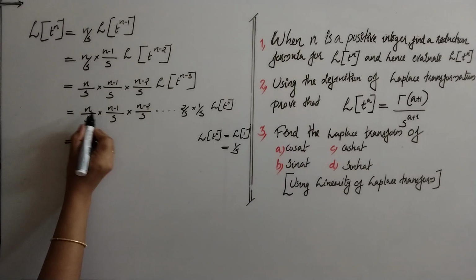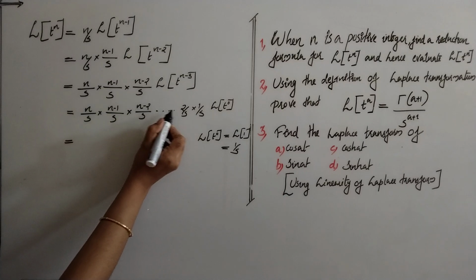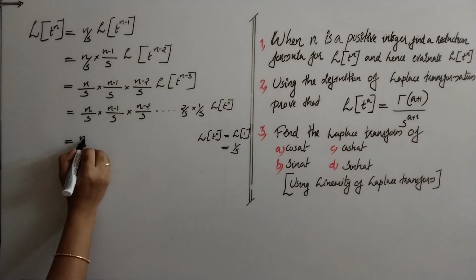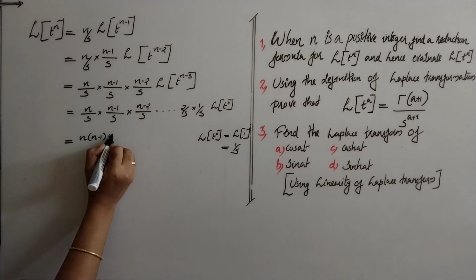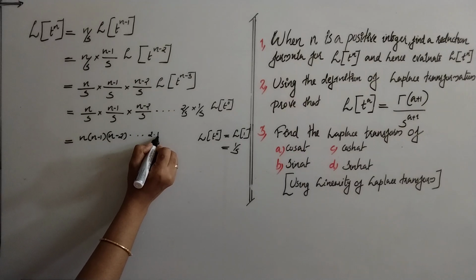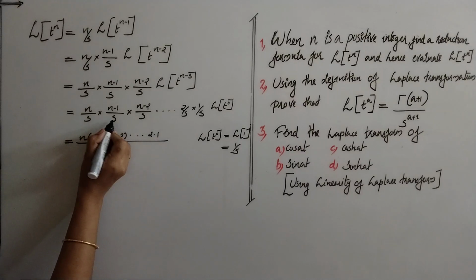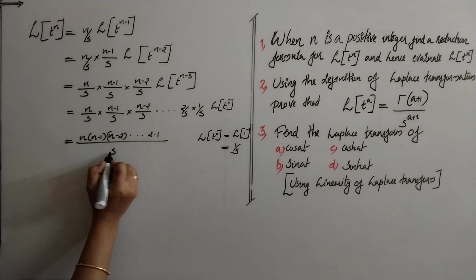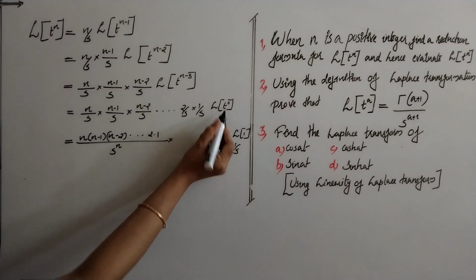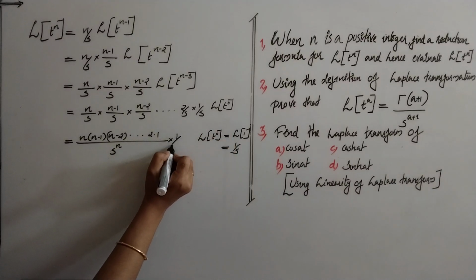Here n into n minus 1 into n minus 2, etc., 2 into 1, and in the denominator s raised to n into Laplace transform of t raised to 0, that is 1 by s.